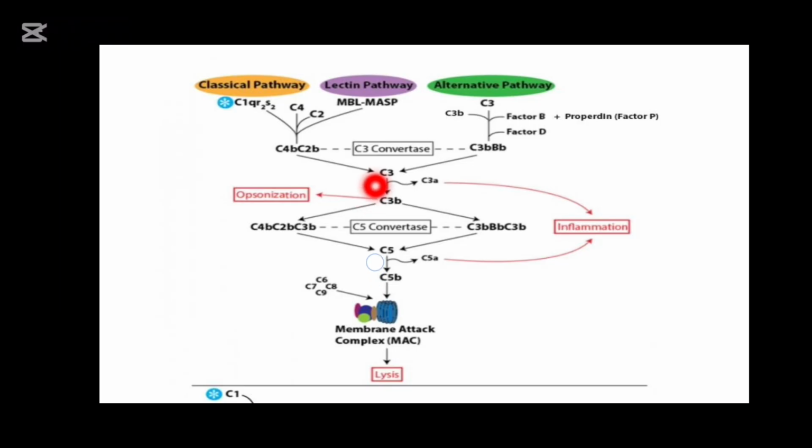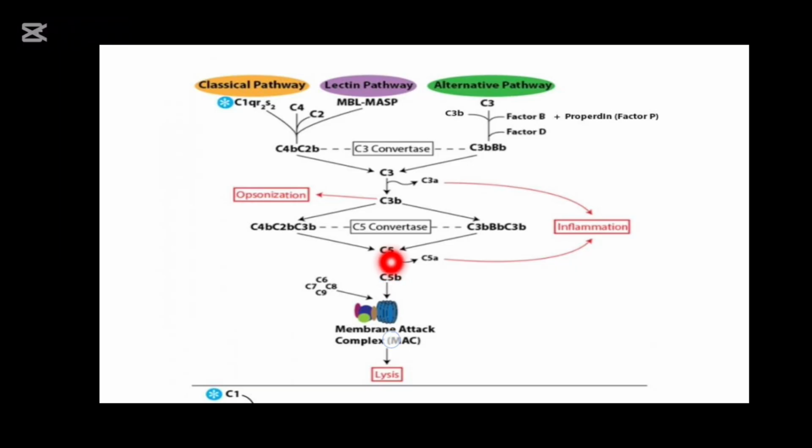Once C3 convertase has been formed, there is cleavage. Now we want to cleave C3. C3 is going to be cleaved into C3a, which is used in inflammation, and C3b, which is used in opsonization. Then we use C3b to cleave C5.